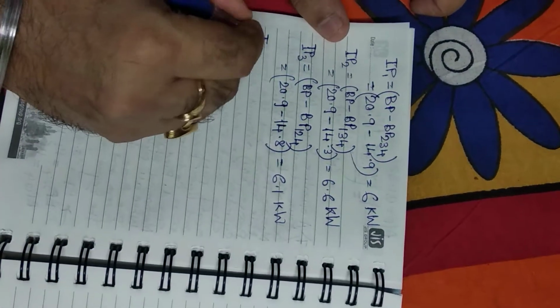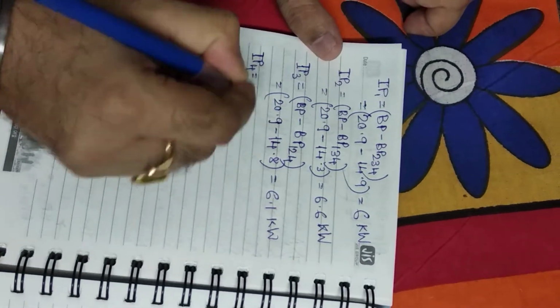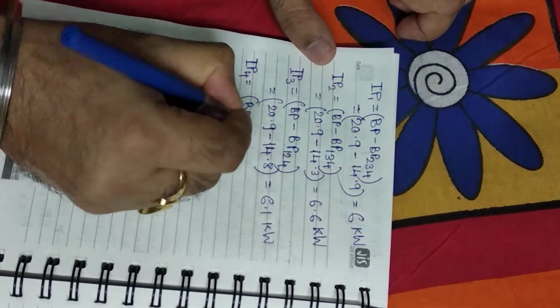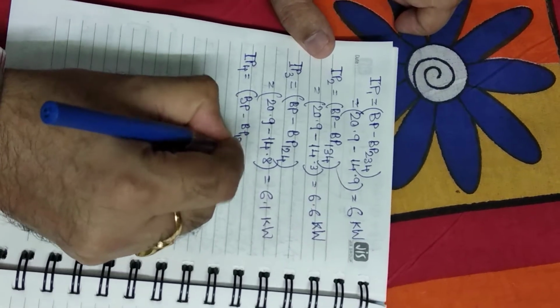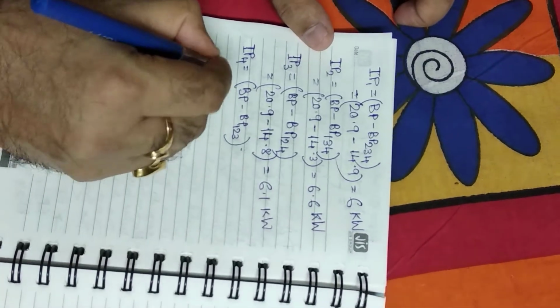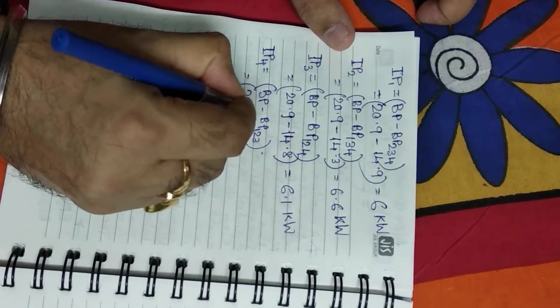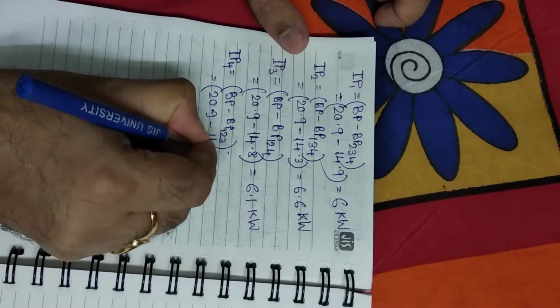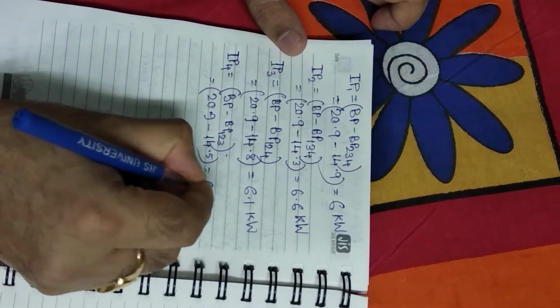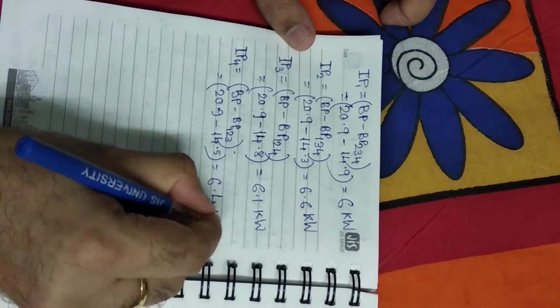Similarly, IP4 equals BP minus BP 123, 20.9 minus 14.5. So it will be 6.4 kilowatt.